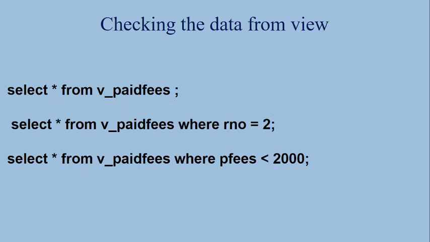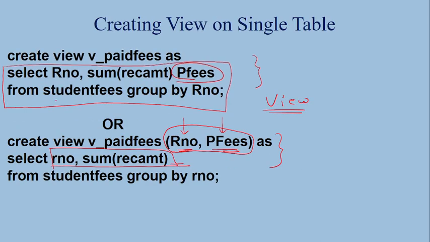And when we execute a query the first time on the view which we have created, at that time whatever statement we have written here actually gets executed on the table, and that data comes into the view in the RAM, that is random access memory.